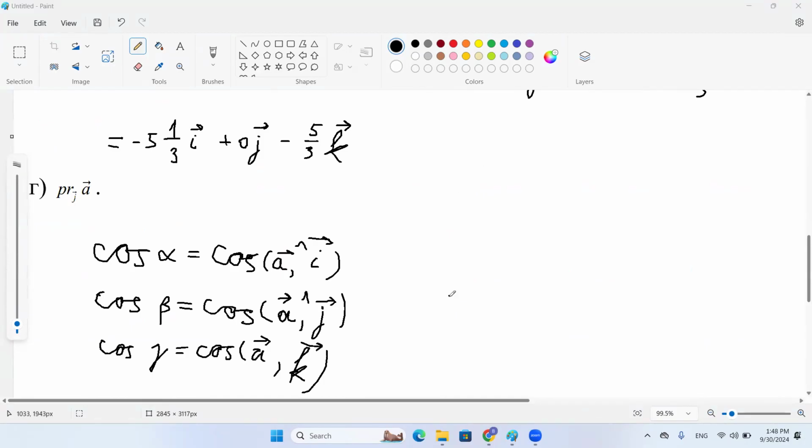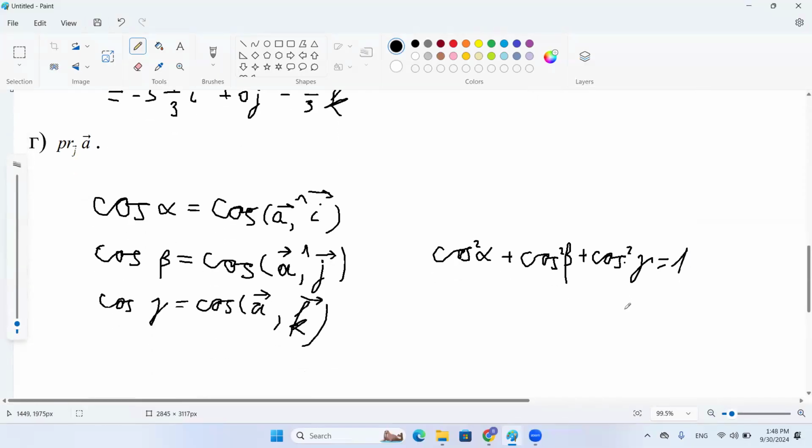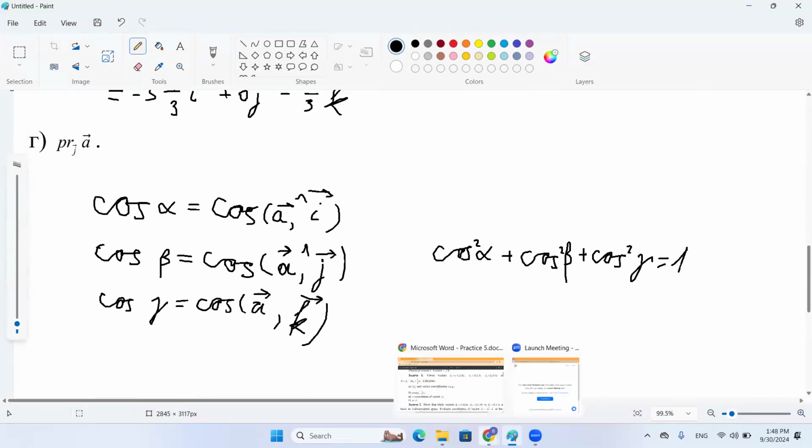Daria, go on. The sum of all these cosines to the power 2 will be equal to 1. Correct. So remember this property. It's important. It always equals 1.